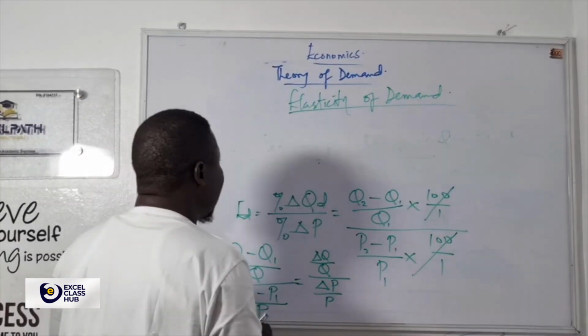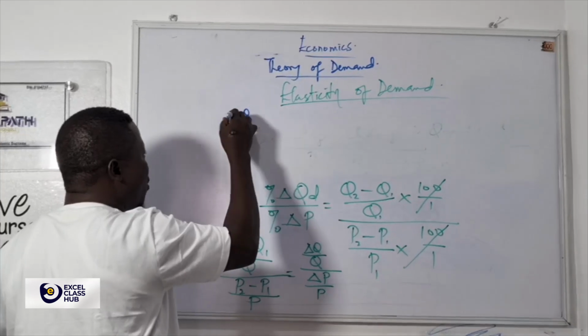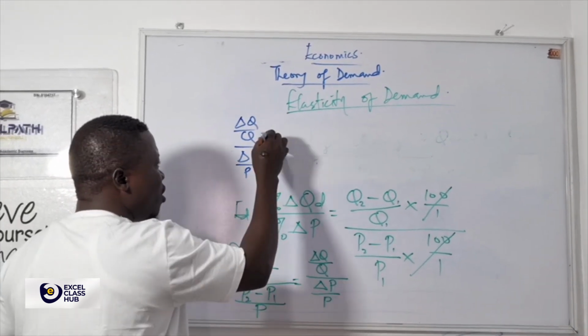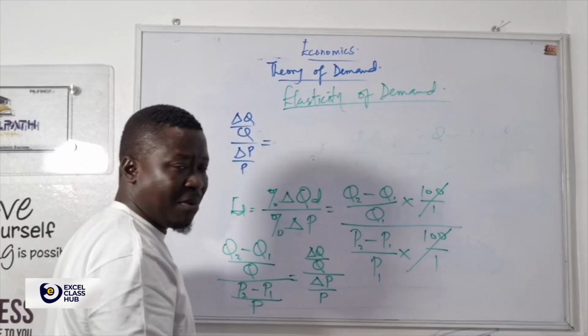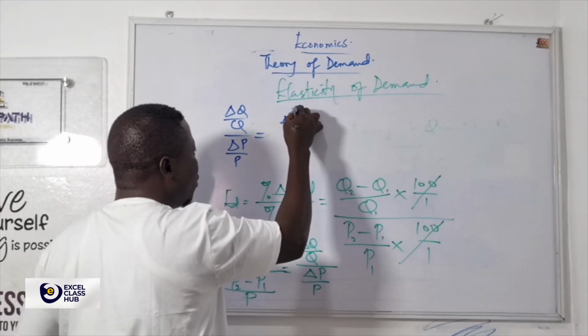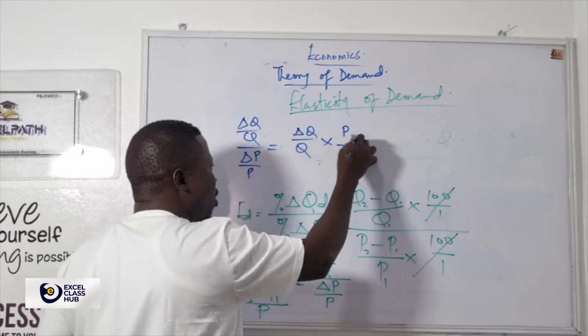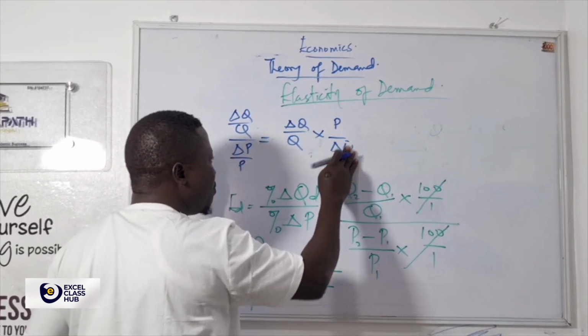From here now, I have change in quantity over quantity, over change in price over price. Automatically, two fractions, mathematics: I have change in Q over Q times P over change in P.